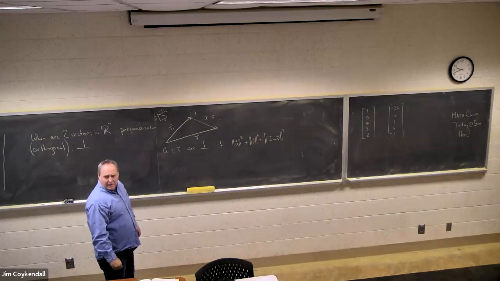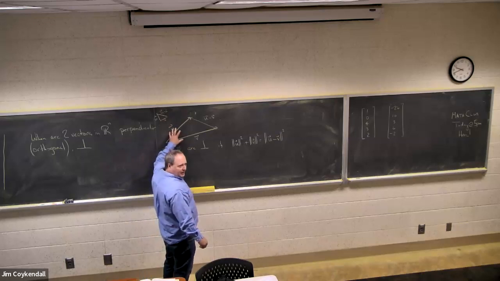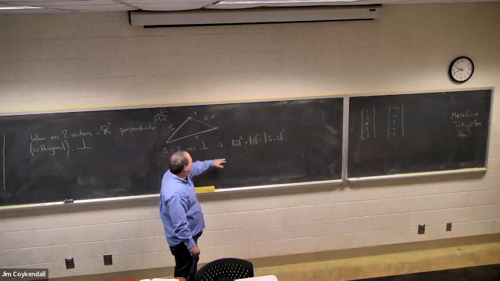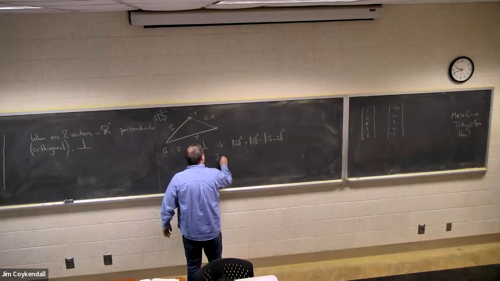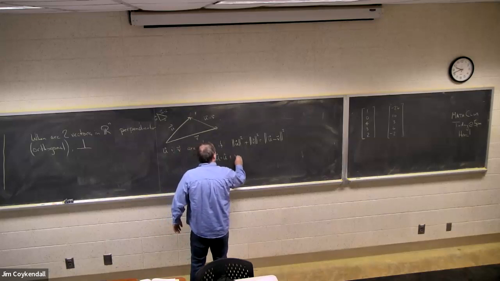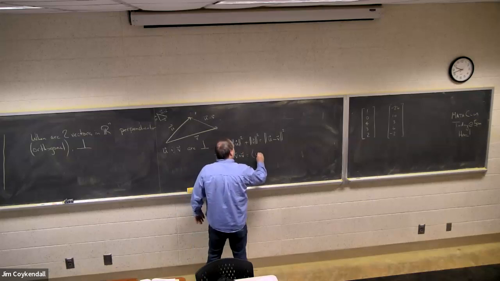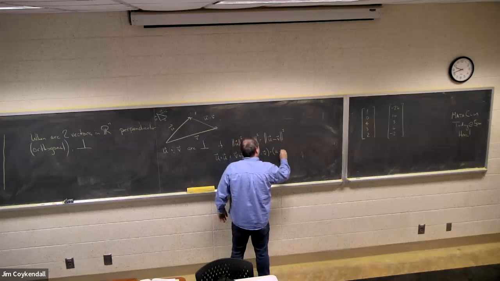Everybody okay with it? So if these sit at right angles, then you have to have Pythagoras, all right? Let's take this apart in terms of dot products. This is u dot u plus v dot v is u minus v dotted with u minus v.